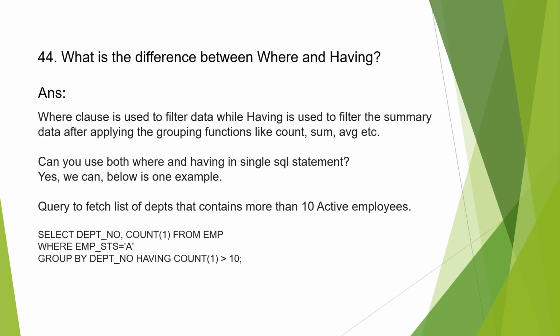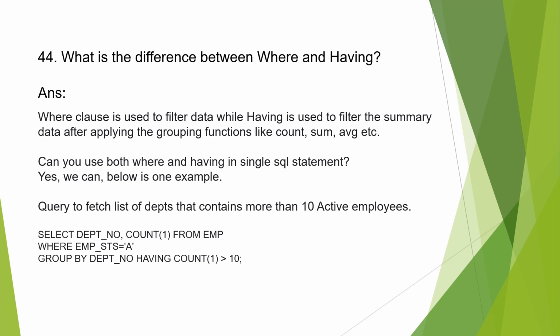Suppose I have a query: fetch the list of departments that contain more than 10 active employees. How to write the query? SELECT department number, COUNT(1) FROM employee WHERE employee status = 'A', that means active. So here I am applying the WHERE condition. Then for each department I have to calculate, right?